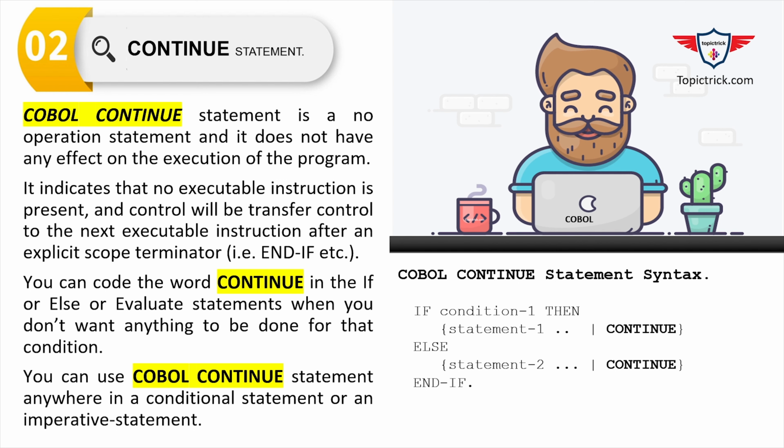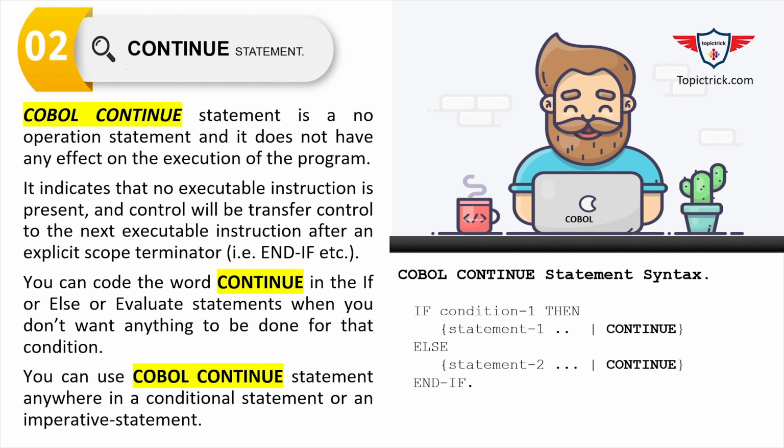You can simply use the word CONTINUE in the IF or ELSE or EVALUATE statement when you do not want anything to be done for that condition. You can also use the COBOL CONTINUE statement anywhere in the condition or any of the imperative statements.